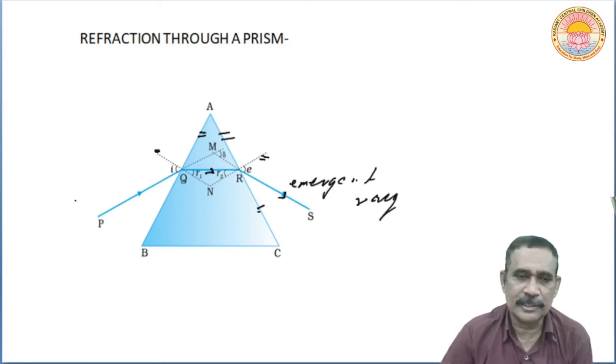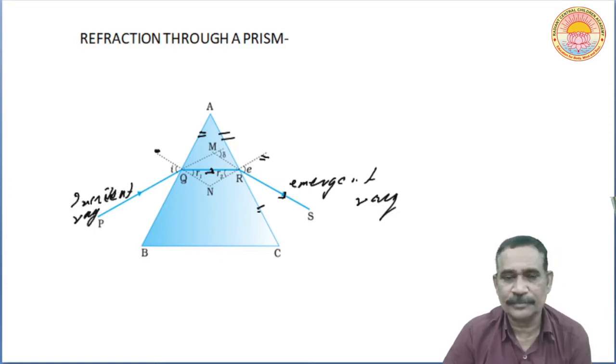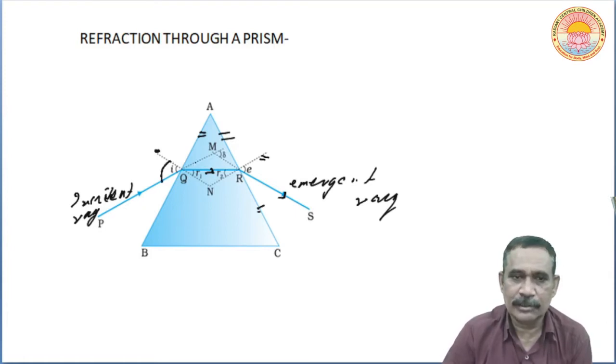This is the incident ray, and this is the refracted ray. This angle is I, this angle is I. So the whole angle MQN equals I, and angle NQR equals R1.